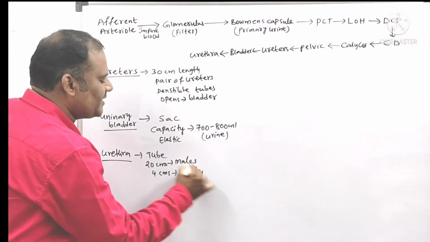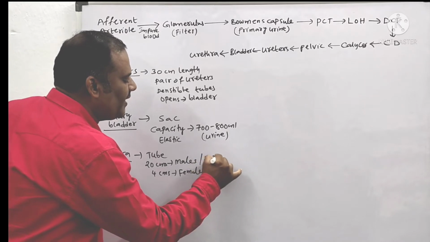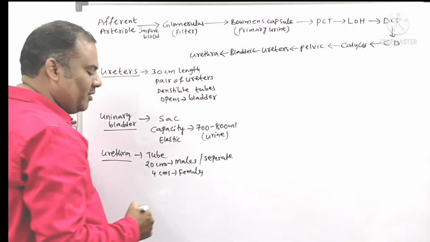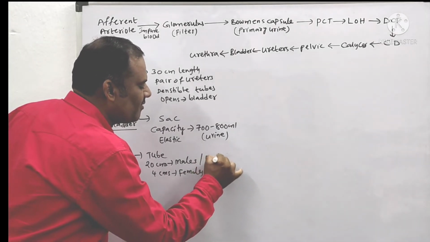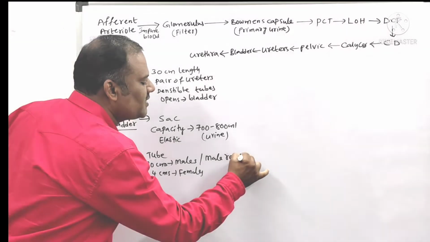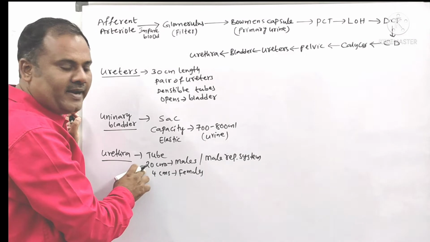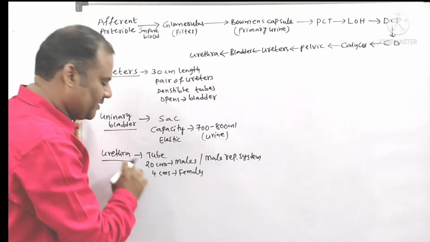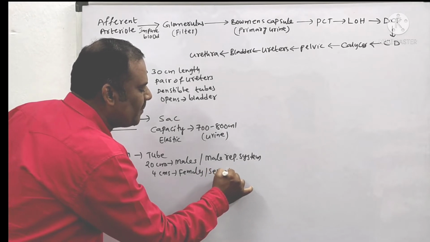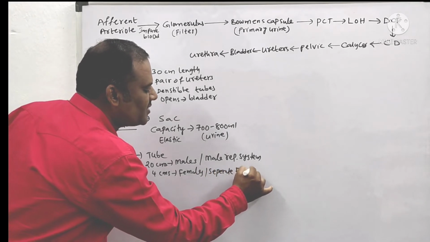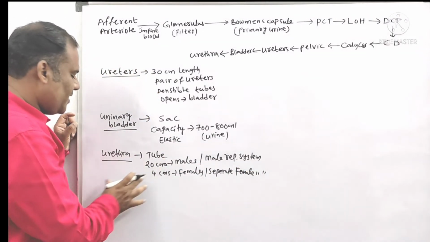In males it is 20 centimeters because it is a part of the male reproductive system, and both sperms as well as urine are transmitted through it. Whereas in females it is 4 centimeters and separate from the female reproductive system. So this is about the parts.